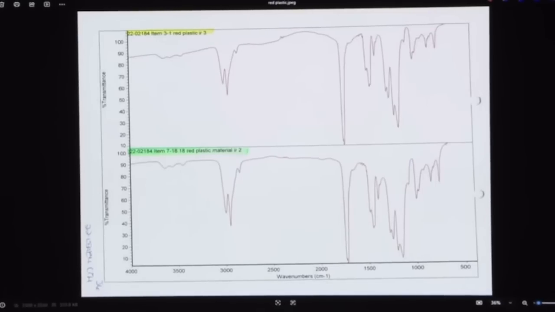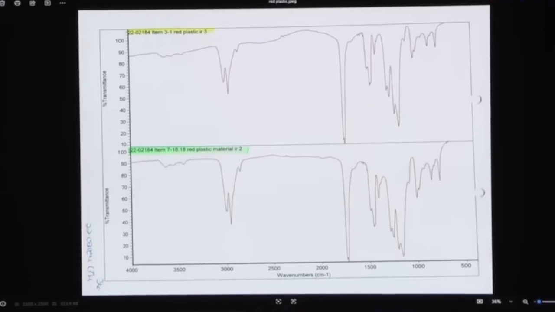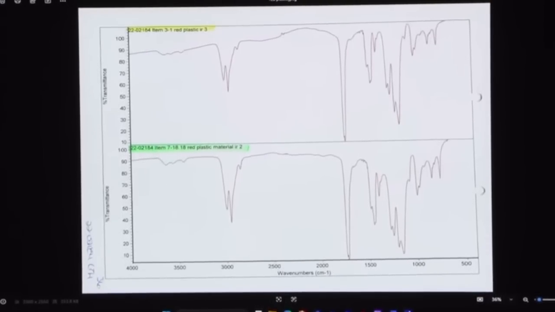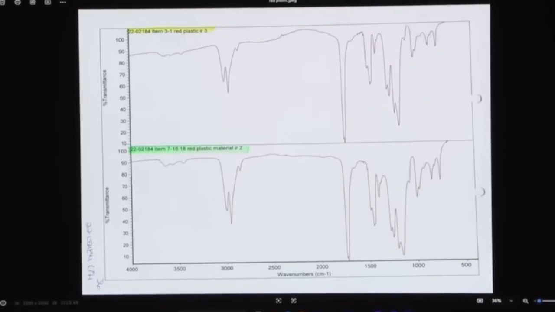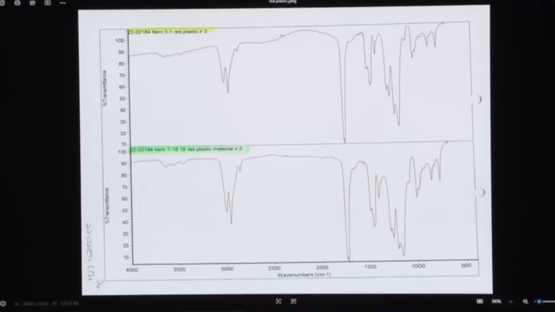And again, if you could just direct the jury's attention with that laser pointer to the data peaks and valleys that you're looking at in comparison of this data. So when I'm comparing them, I'm comparing the peaks to each other in each of the spectra to determine if they are consistent or not consistent. And in this case, you found them to be consistent, is that correct? That's correct.